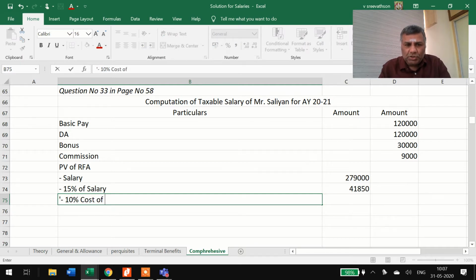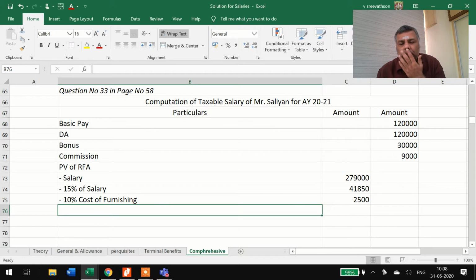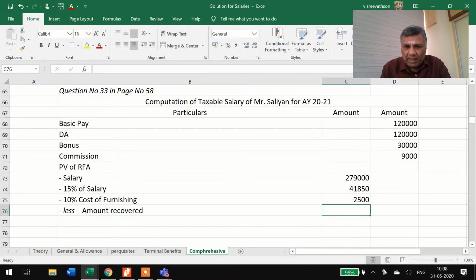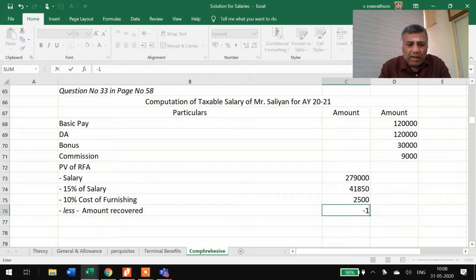10% of cost of furnishing, 25,000 into 10%. Less amount recovered from the employee, 1,200 they are deducting from his salary.